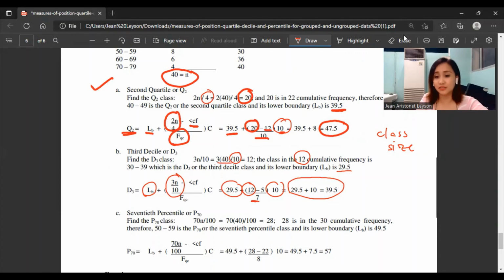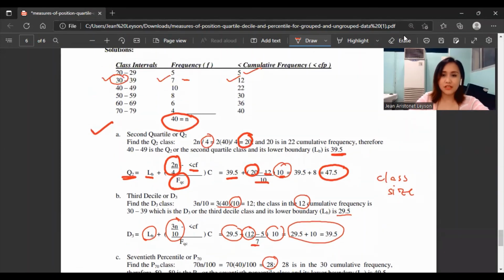So 100 is for percentile. If you solve that one, that will yield 28. And 28 is in the 30 cumulative frequency. Let's see. Yeah, 28 belongs there.